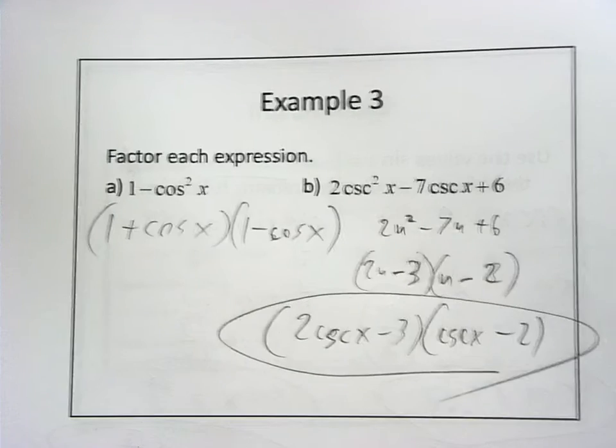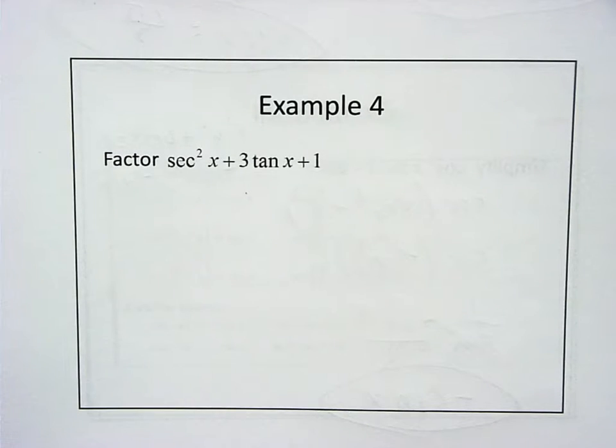Okay. Now you might have ones like this you need to factor as well. What's the issue here? There's different trig functions going on. So I need to swap them out, or swap something out so that I'm only dealing with one type of trig function. Does anybody see something I could swap there? Yeah, secant squared. How's that related to tangent?